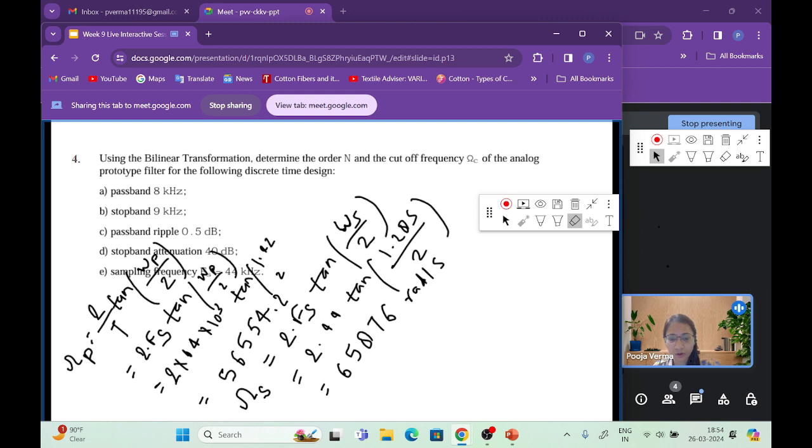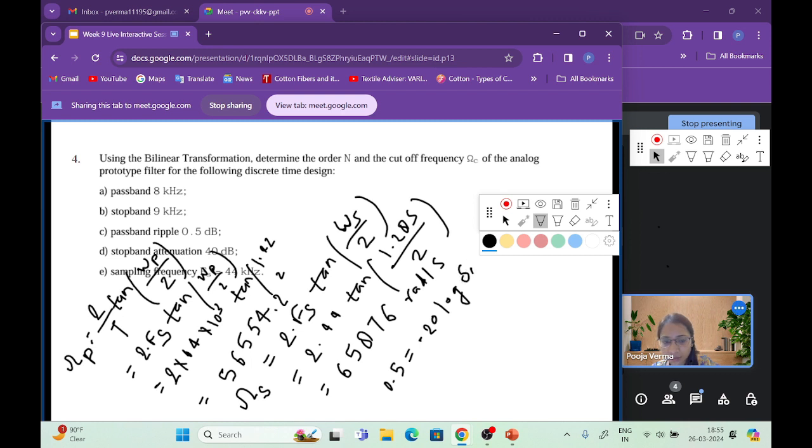Now we have got omega p and omega s. Now what other things are given? Passband ripple and stopband attenuation are given in dB. First we need to change them from dB. Passband ripple is given as 0.5, so 0.5 is equal to minus 20 log of del P, the passband ripple.